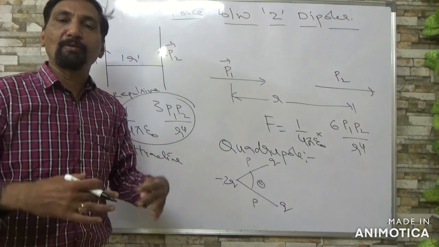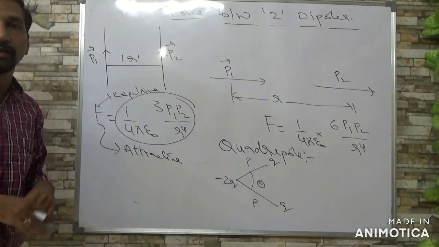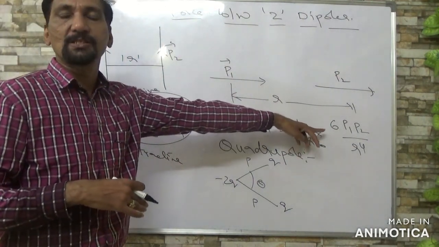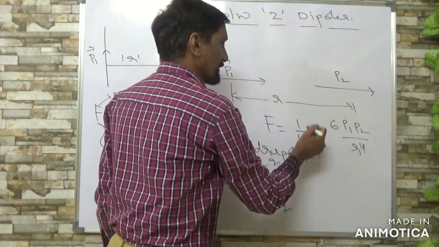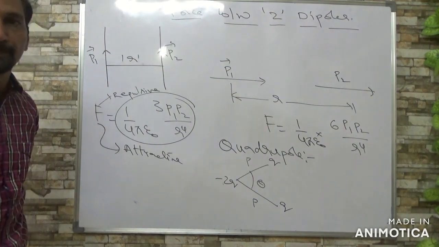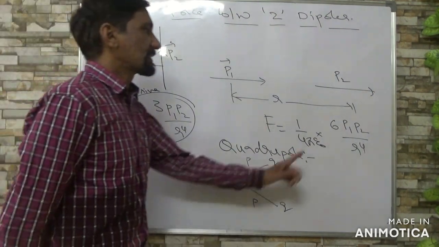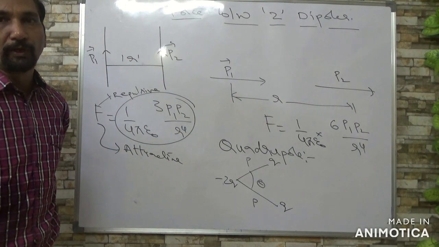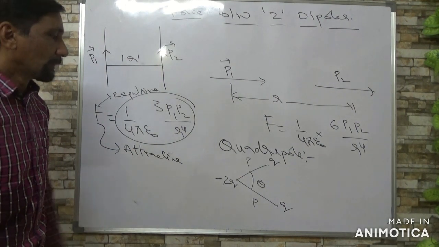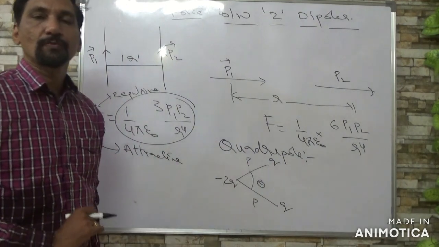So axial strength will be more than equatorial, that is why it is 2 times. Okay, so force between them is given by 1 by 4 pi epsilon naught, right, 6 P1 P2 by r power 4.